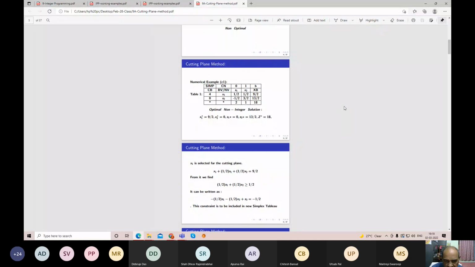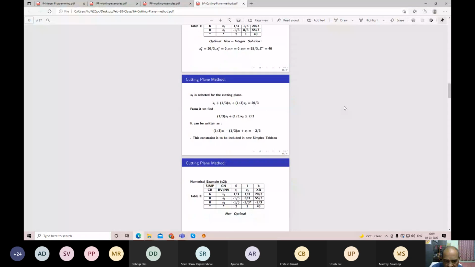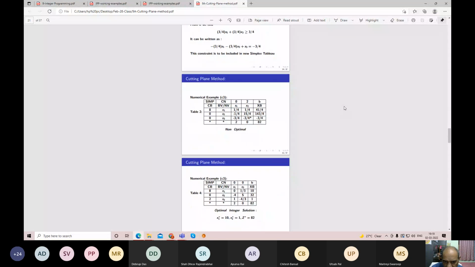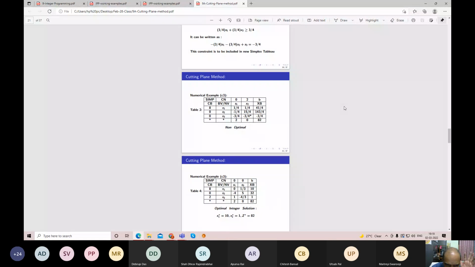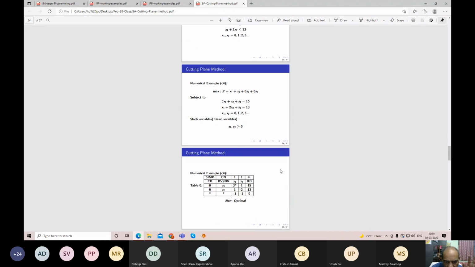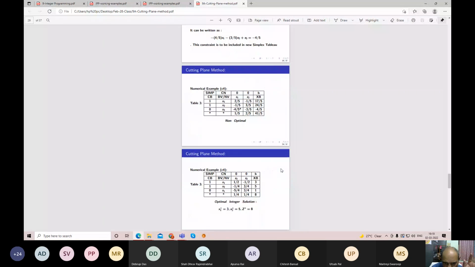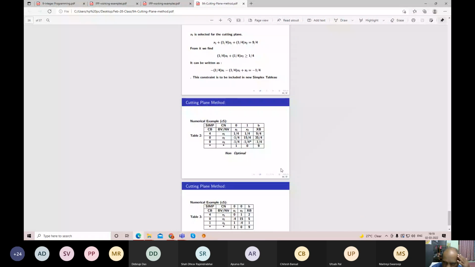C stands for the cutting plane rule I have put here. In fact there are plenty of problems in my computer, so I don't want to disturb you. So only 5 problems I've given so that you can try all 5 problems. Okay, right? Then we'll move to the branch and bound method.